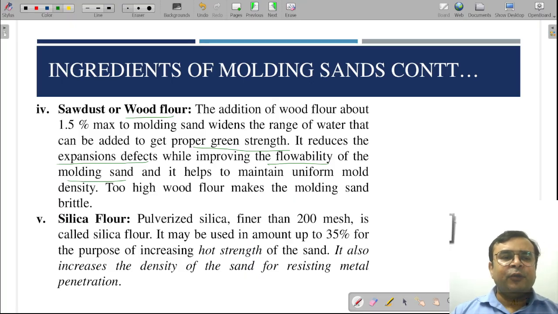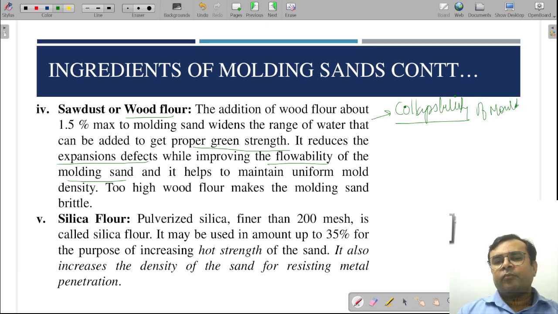So if you add this sawdust or wood flour in the molding sand, it enhances the collapsibility of the molding sand. Obviously, in a facing sand, we use this sawdust or wood flour.